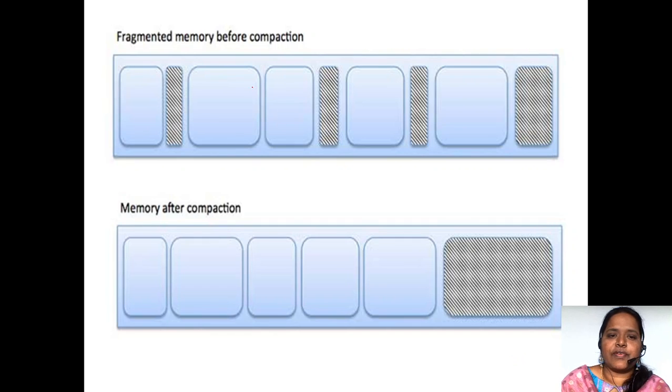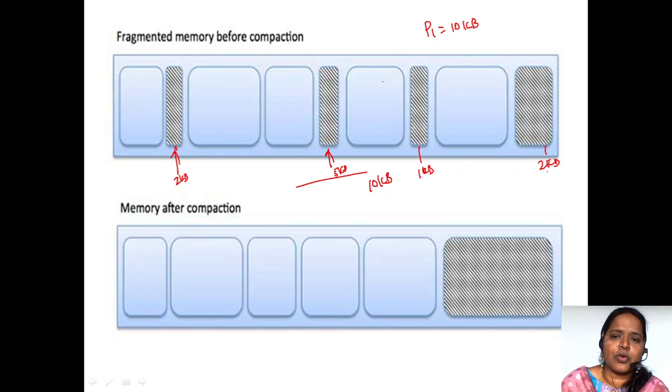See here, fragmented memory. Here one space is left, suppose 2 KB, here 5 KB, here 1 KB, here 2 KB. So 2, 3, 5 plus 5, totally 10 KB of space is left over. If a process P1 comes with 10 KB, should I accommodate P1 in these leftover spaces? No. Why?